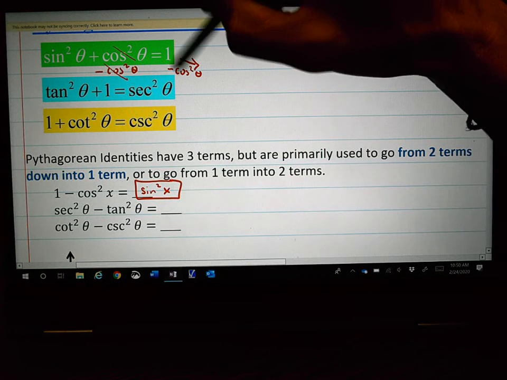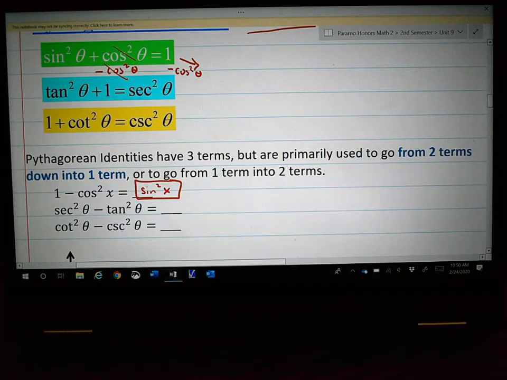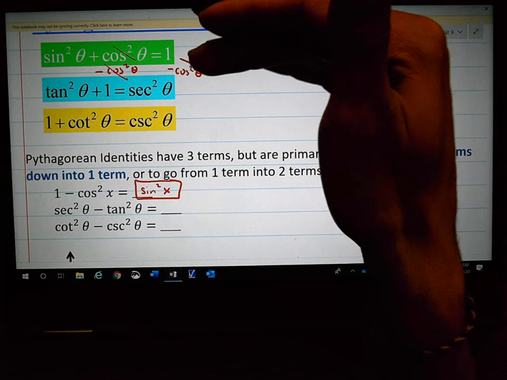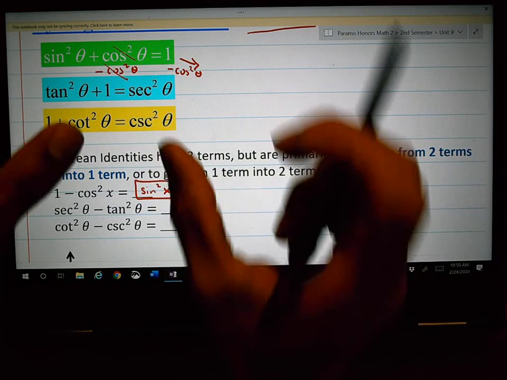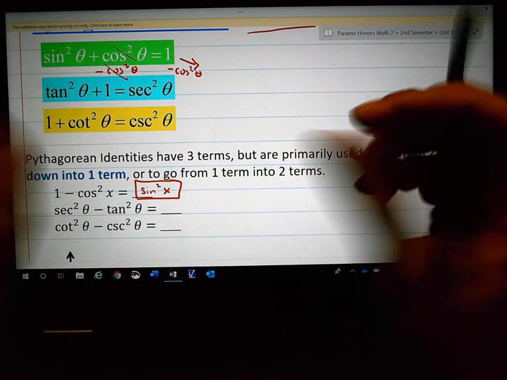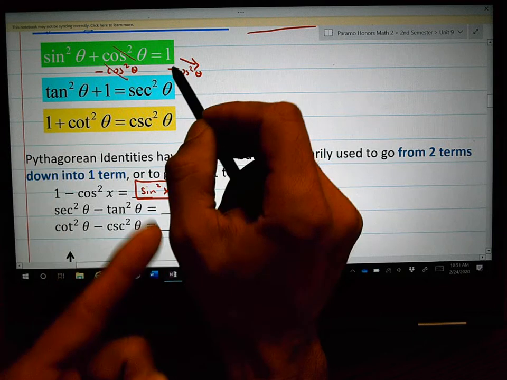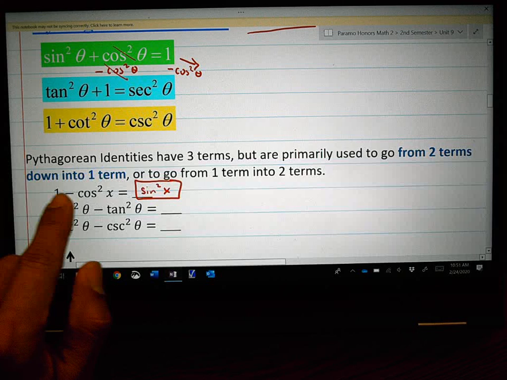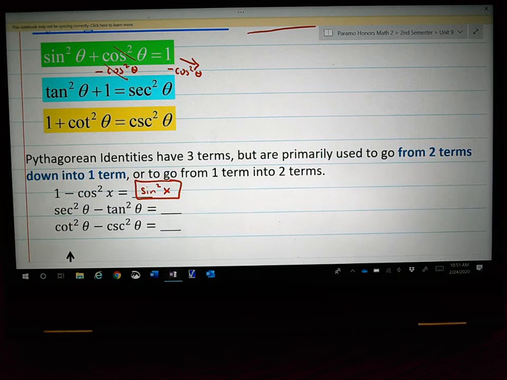And what is that equal to? It's equal to sine squared. What I'm doing is taking that first identity and manipulating it by subtracting something from the other side so that I know what these two pieces are the same thing as. 1 minus cosine squared of the angle is equal to the sine squared of that angle.